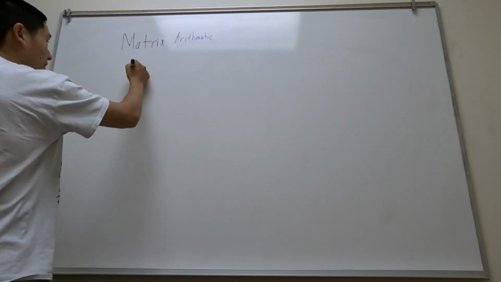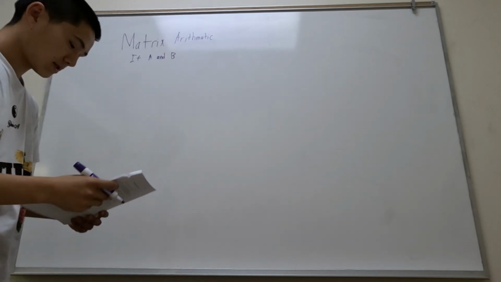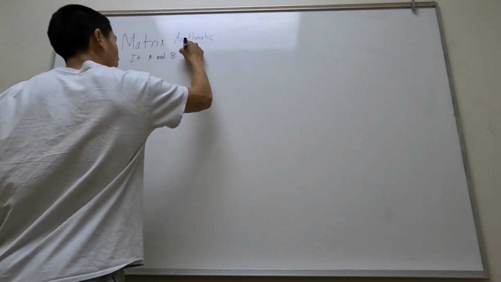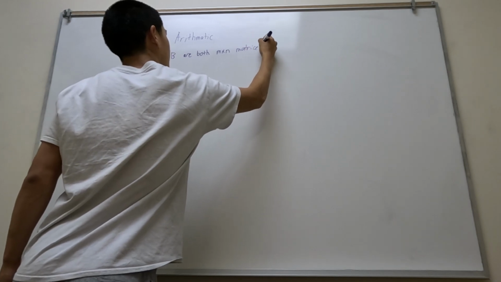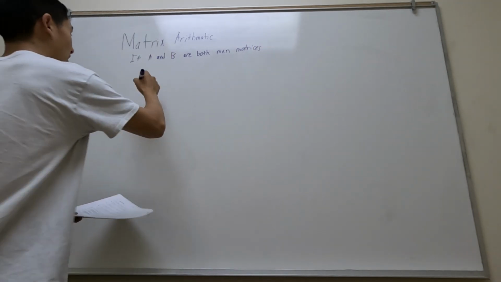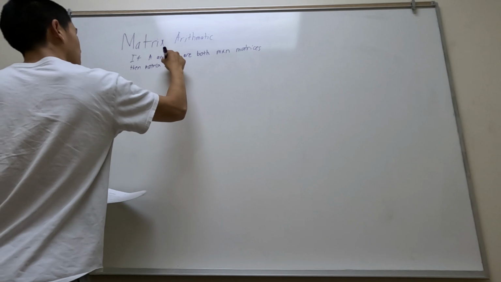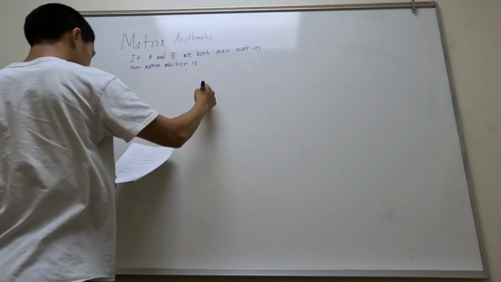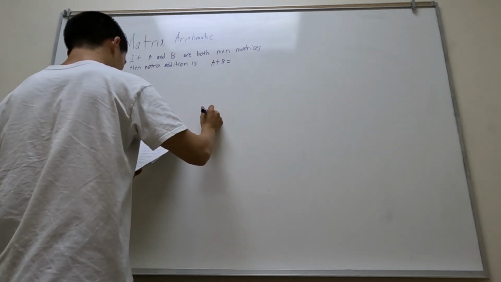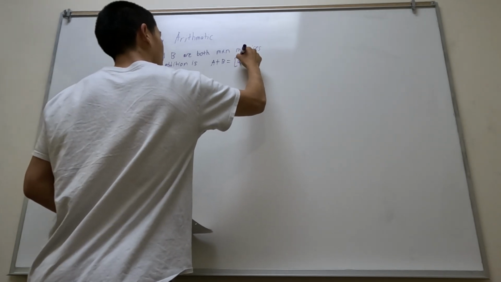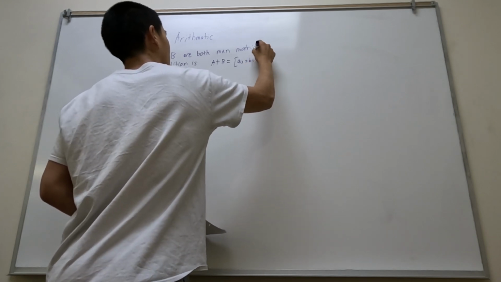So if A and B are both M by N matrices, then matrix addition is defined as this: A plus B equals Aij plus Bij.